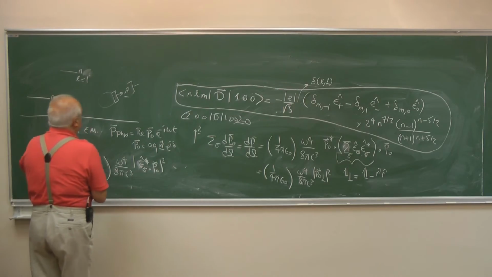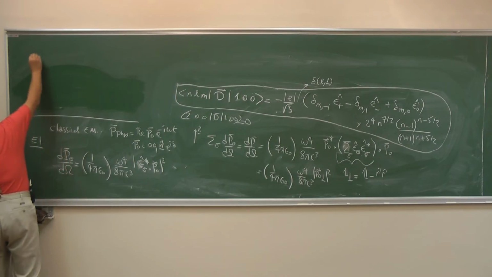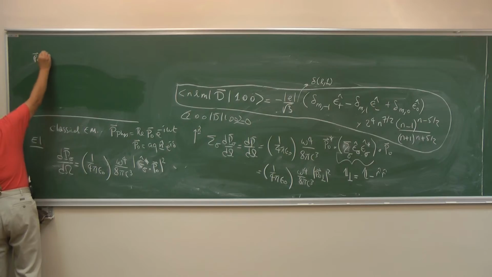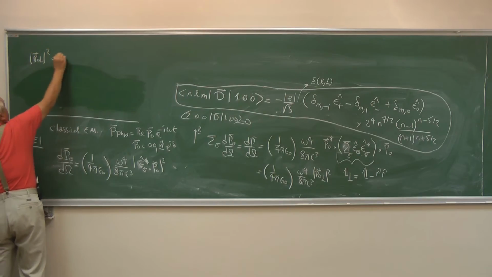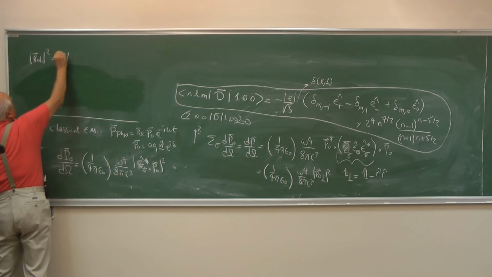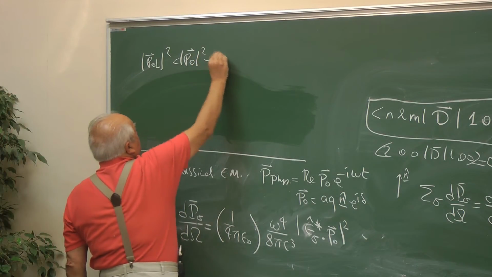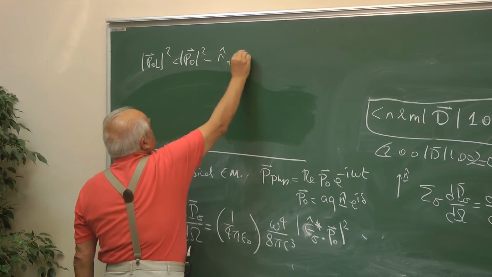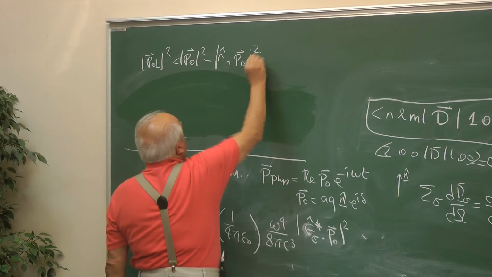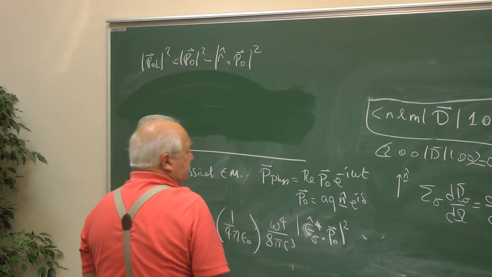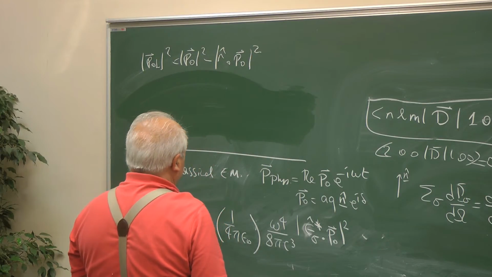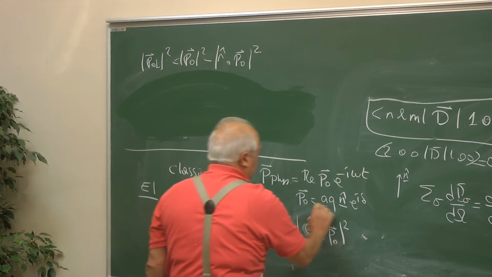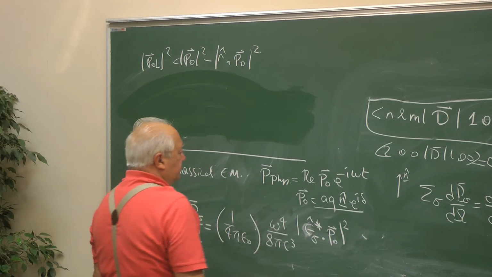Let me erase this part. And P0 perpendicular square is P0 square minus the absolute square of R dot P0. Okay. Where, for example, we took P0 here.